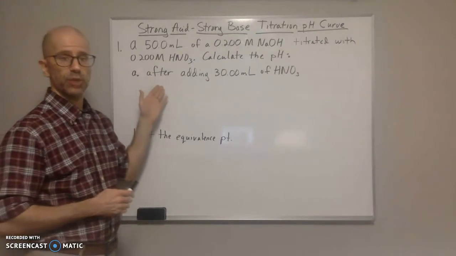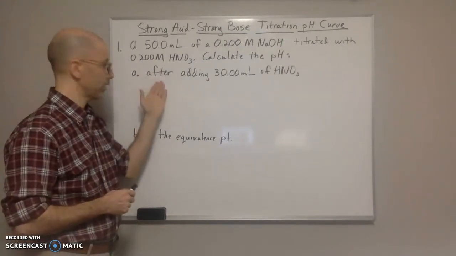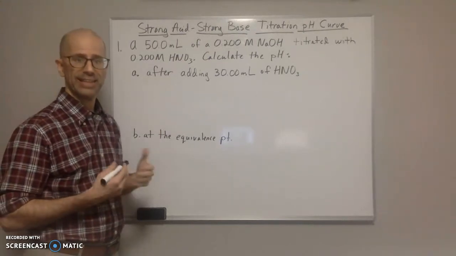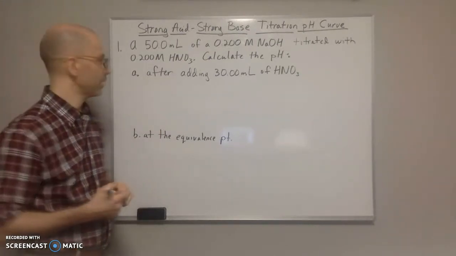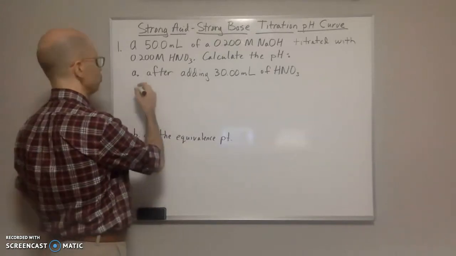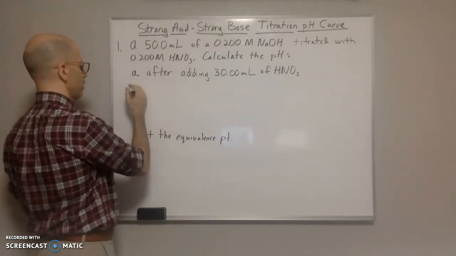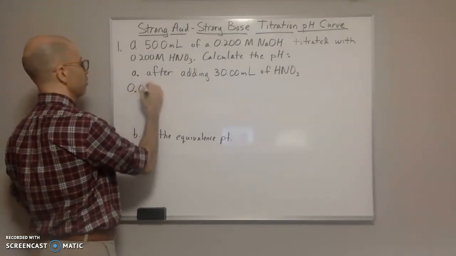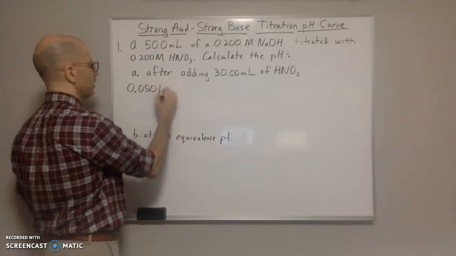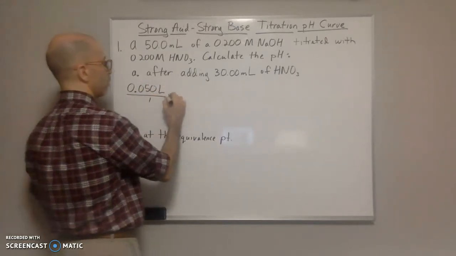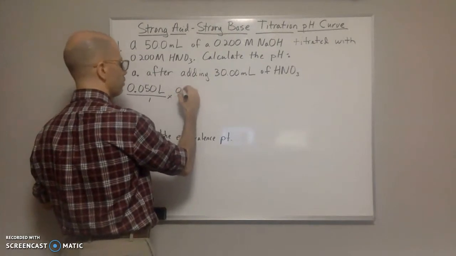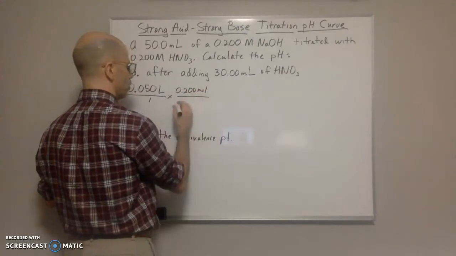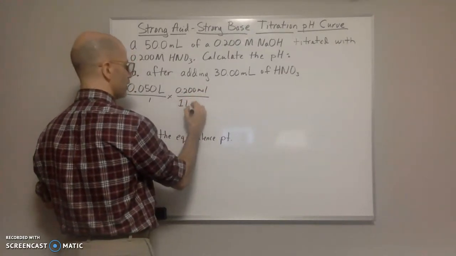So first thing we need to do, if we're going to do part A, is calculate the amount of moles of hydroxide ion in the strong base solution. So we're going to have to use the mLs here. We're going to convert that to liters, 0.050 liters, and we're going to take the molarity. So we have 0.200 moles per liter, so 1 liter.